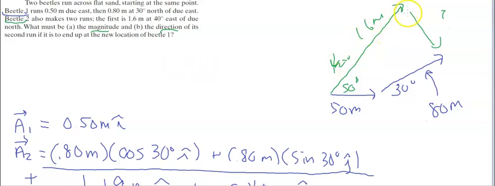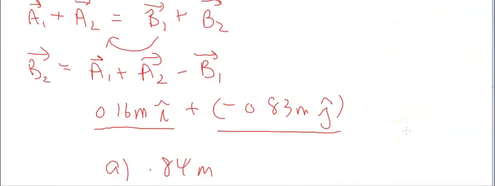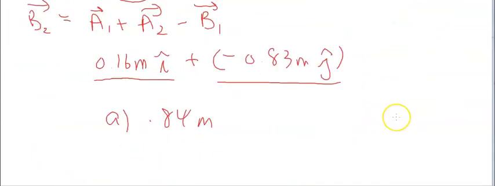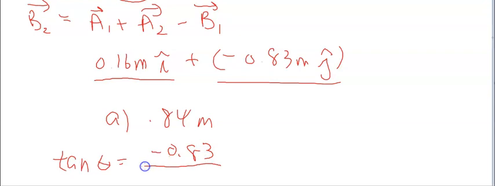Now we need to find the angle of this second run, the direction. To do that, the tangent of the angle we're looking for is opposite over adjacent, so that's negative 0.83 over 0.16.